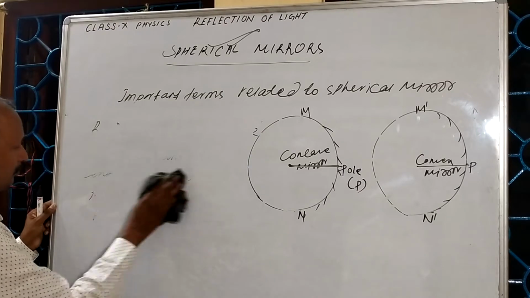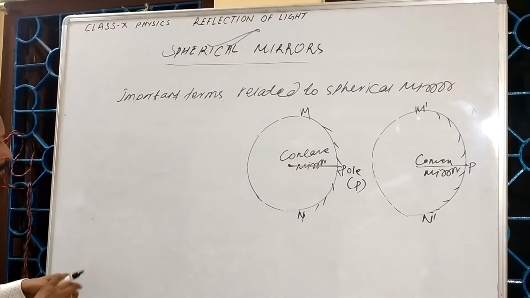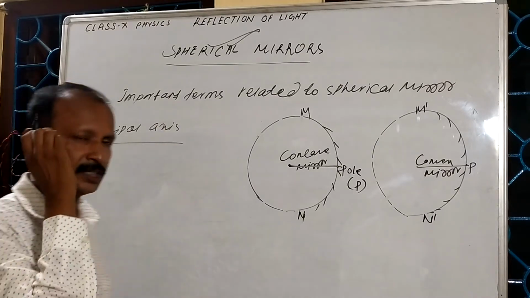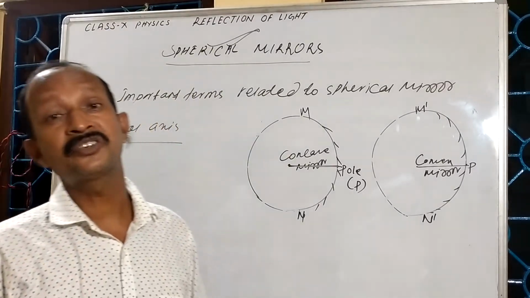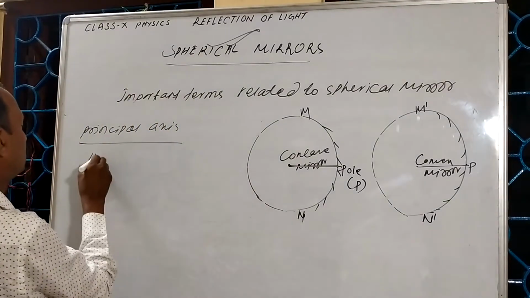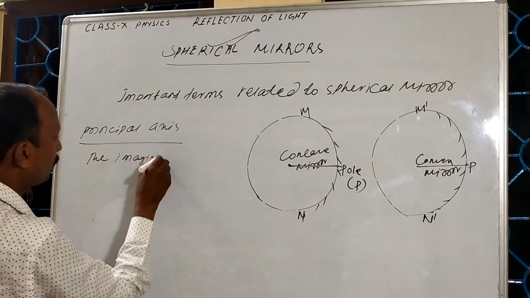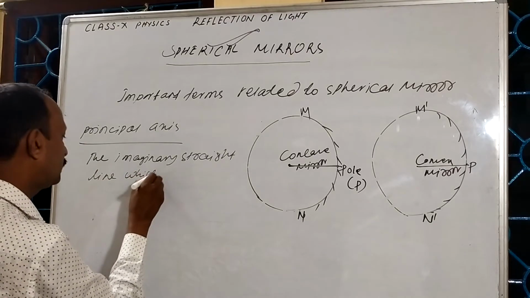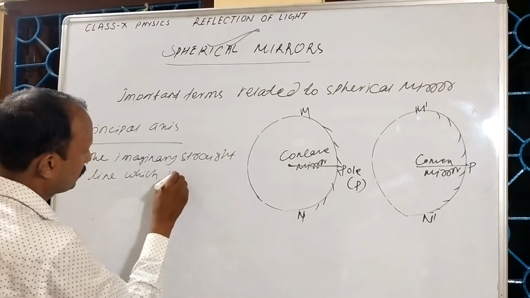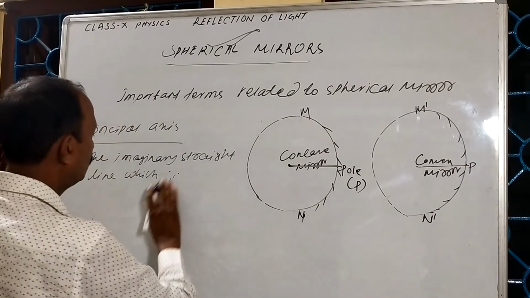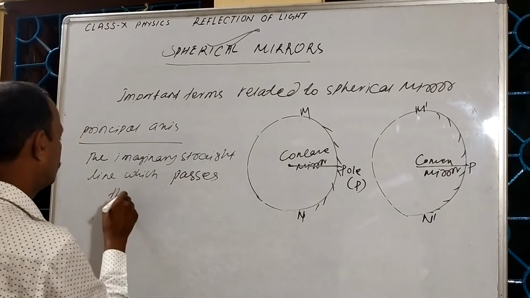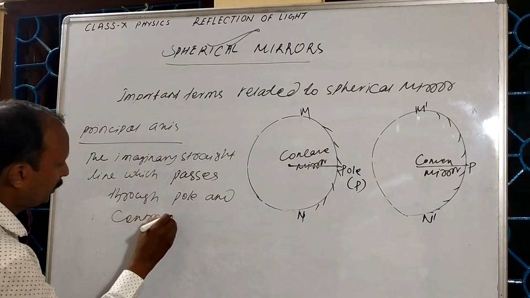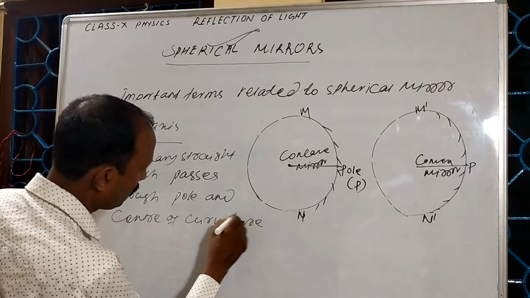Next point, principal axis. Principal axis, in fact, is an imaginary straight line which passes through pole and center of curvature.